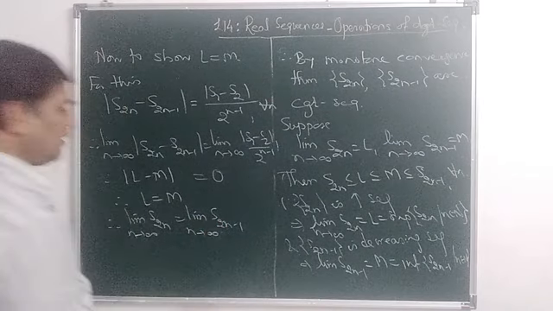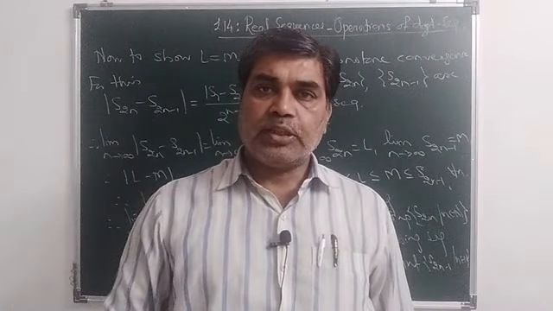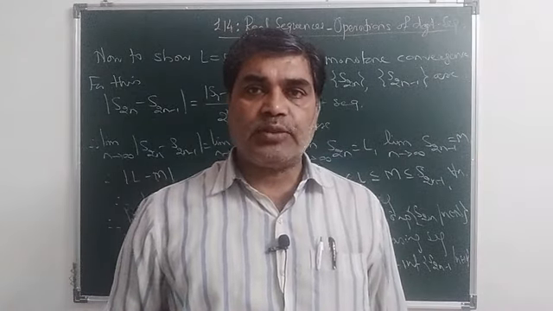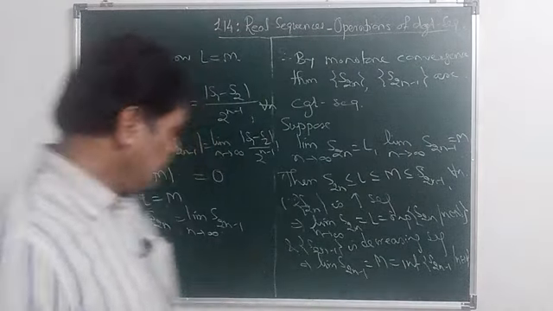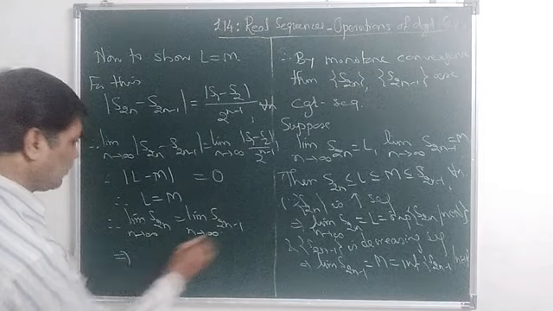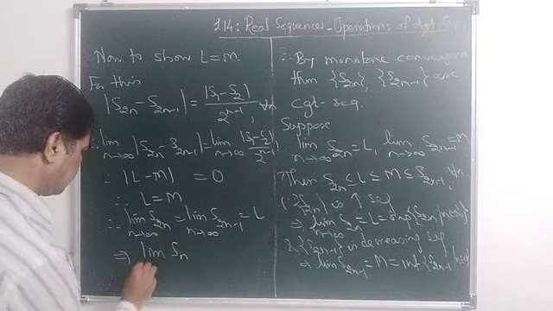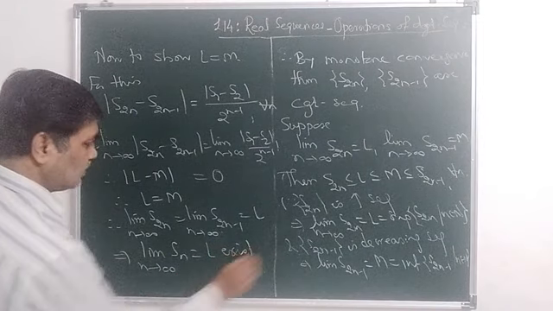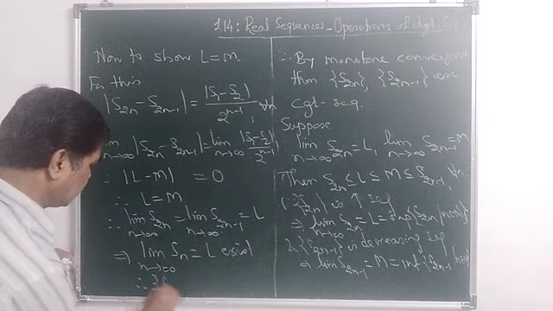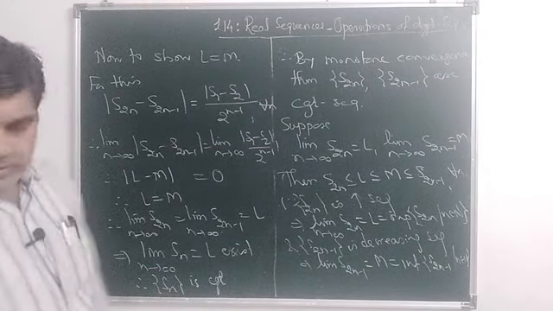Now we know that if a sequence has subsequences S2n and S(2n-1) converging to the same limit, then that sequence must be convergent. This implies the limit of Sn is equal to L exists, and therefore Sn is a convergent sequence.